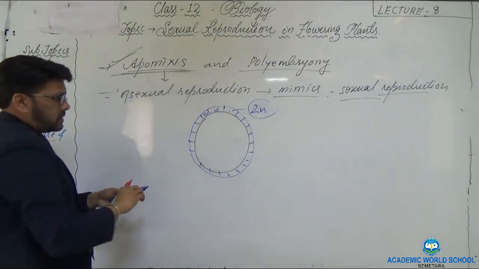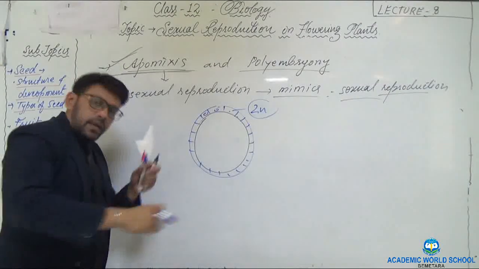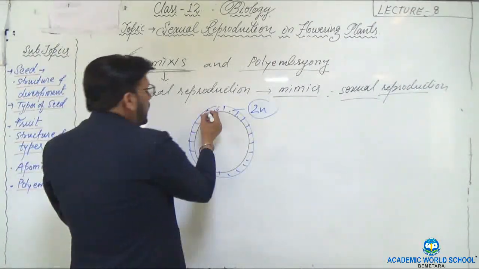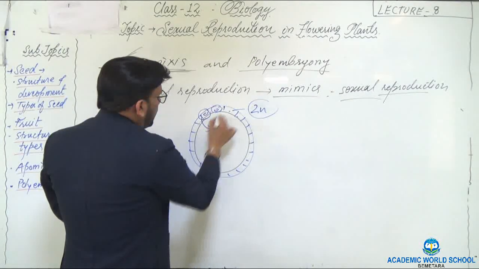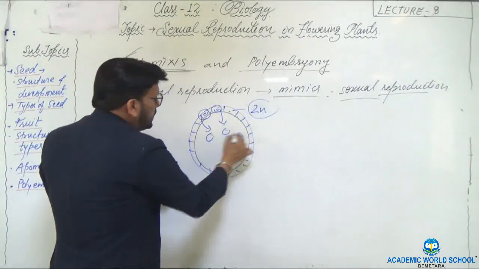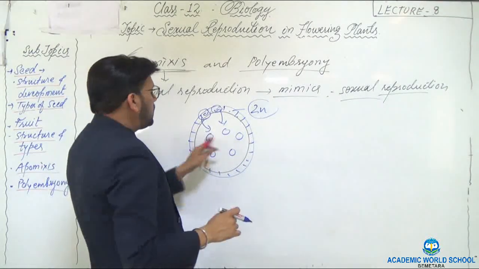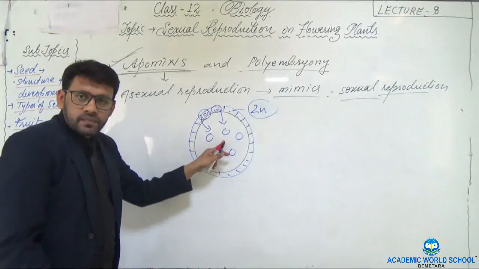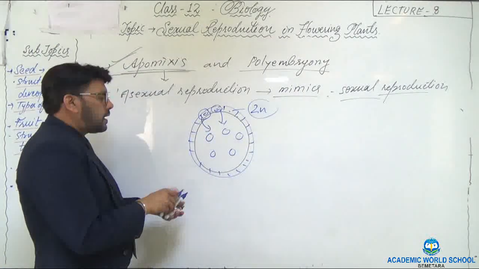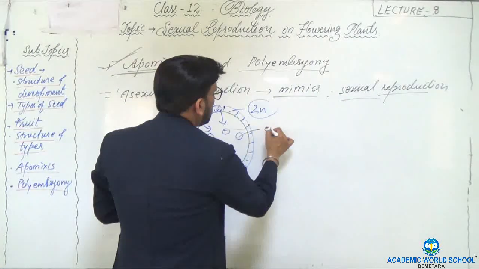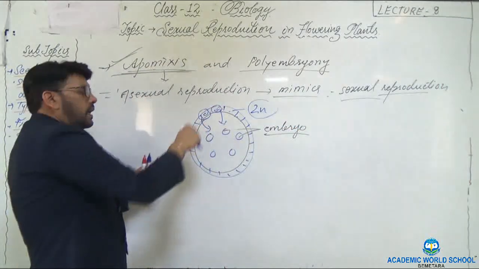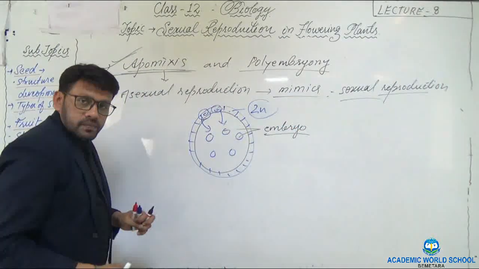In some cases, these cells undergo division and keep on pushing themselves inside the ovule. As a result, these cells come inside the ovule and form the embryo. Now you can see here there are many embryos.